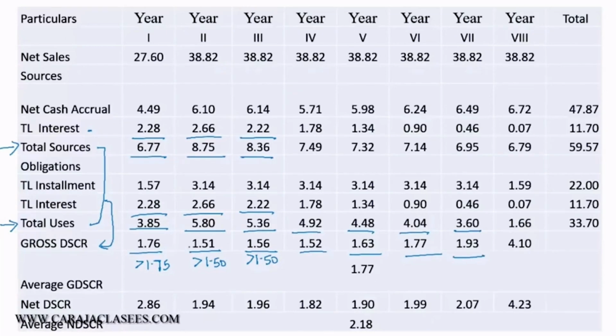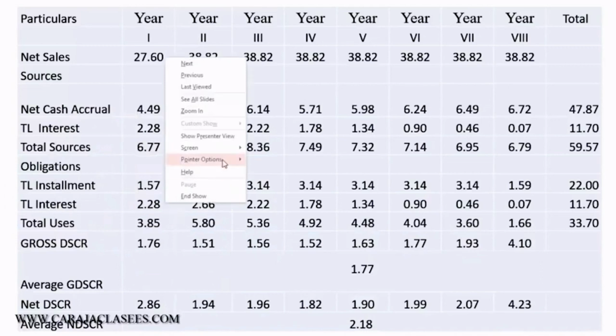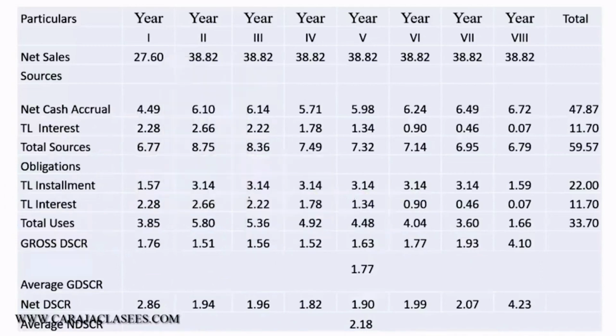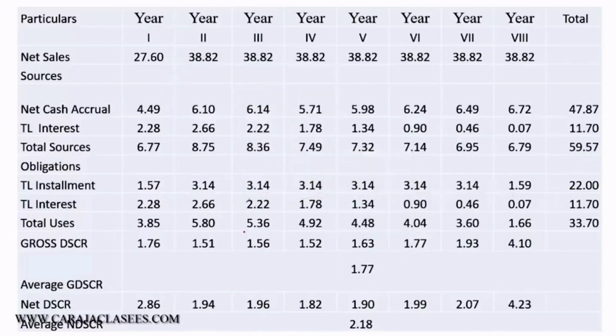But why is it high in first year and it is coming down in year 2, 3, 4? Let's analyze. Let me see. See, in year 2, sources have increased actually. From 6.77, it has gone to 8.75.